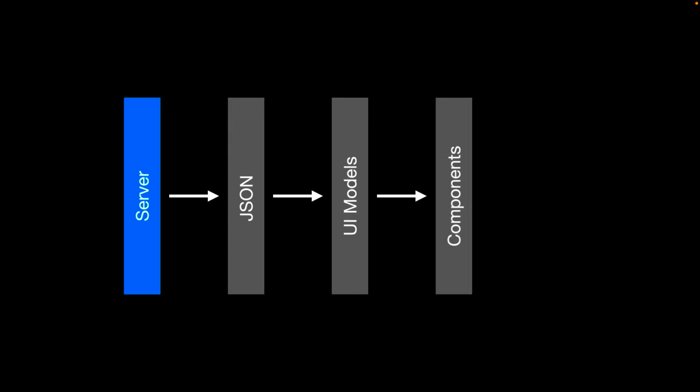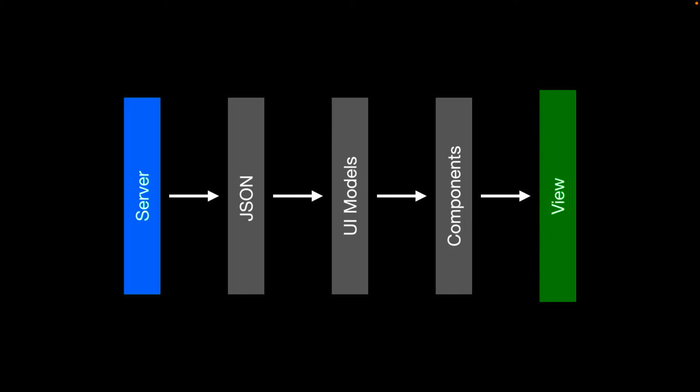Based on the type of the UI model, we will create a particular component. So if you're saying that, hey, I want to get a carousel, then we will map it to a carousel UI model and create a carousel component. The carousel component, the list component, the featured image component, the rating component, whatever component that you are trying to render will eventually render the view.